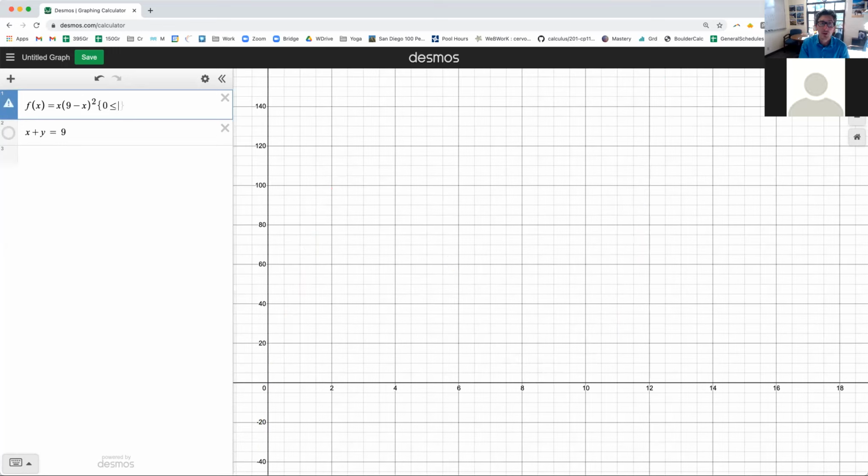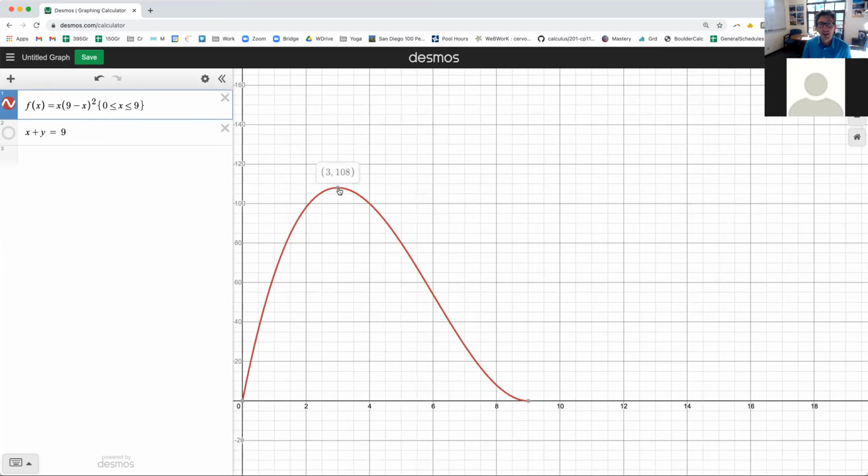And so really, if I want to graph this function as accurately as I can, I would want to add in that restriction that my input x needs to be between 0 and 9. And so now when we look at it, I can see from the graph that the biggest possible value is going to happen when x equals 3, and that output is going to be 108.